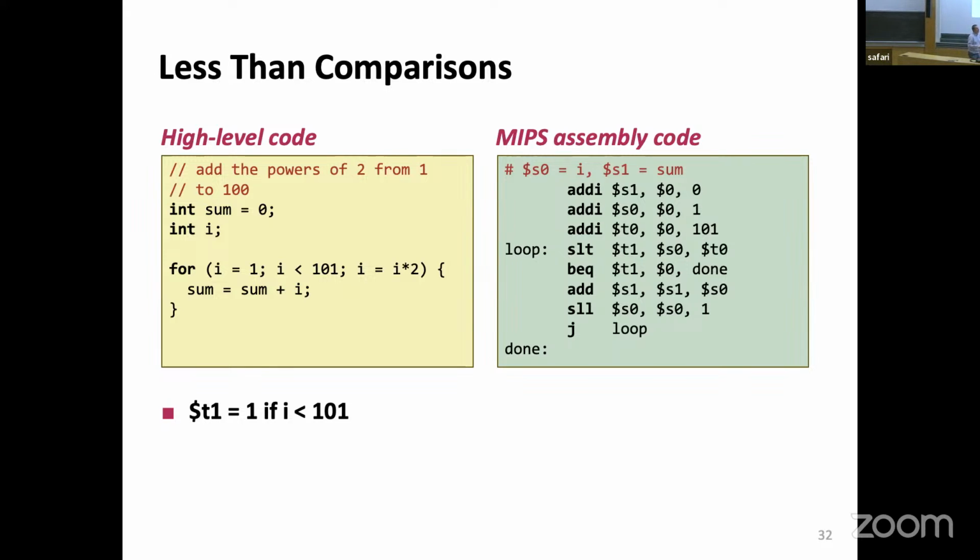So instead of having a range of different instructions that react on it and make all of them be an I-type instruction, the idea behind this is, look, equal and not equal we use a lot. So let's have an instruction for that. But if I want to check something more elaborate, you can easily see that by combining SLT with BNE and BEQ, you can do all comparisons that are possible.